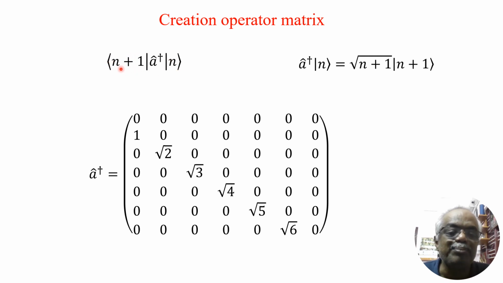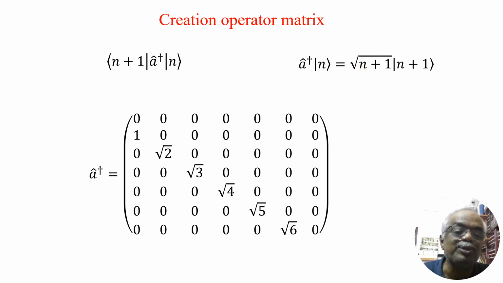Only when the bra and ket vectors are the same will you get 1, otherwise 0. So now when a dagger acts on n, just now we have seen, it is equal to square root of n plus 1 ket n plus 1. So square root of n plus 1, you can take out, and bra n plus 1 with ket n plus 1 will become 1. So you will get only the coefficient square root of n plus 1.